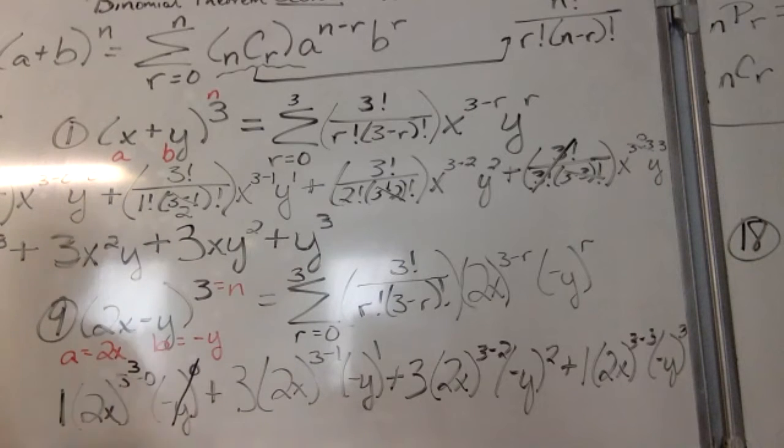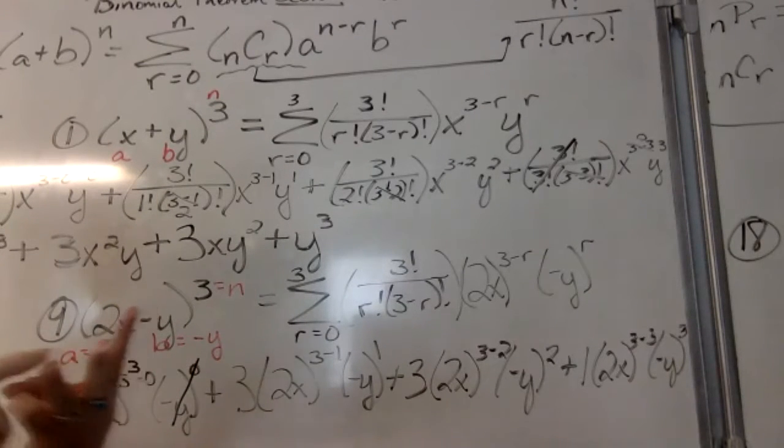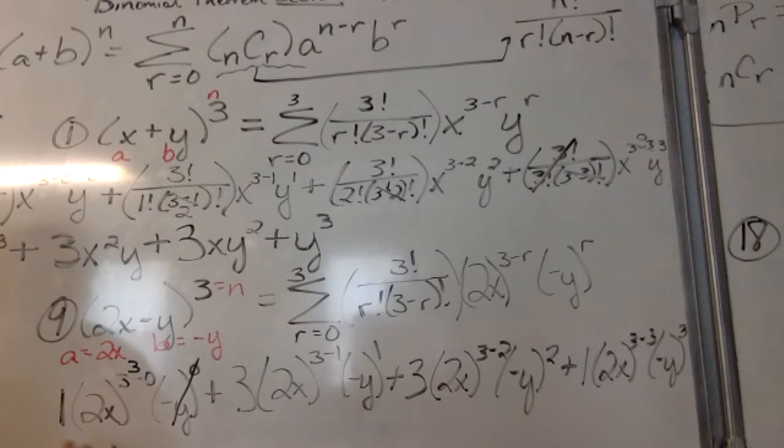No. Okay, so this is 2x to the 3rd power. So that means 2x times 2x times 2x. So 2 times 2 times 2 is 8. So it will be 8x cubed for my first term, because that times the 1 is still just going to be the 8x cubed.